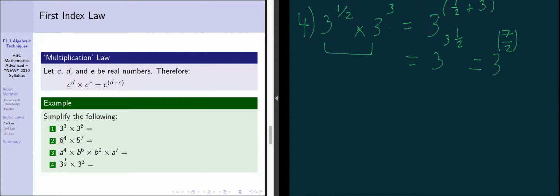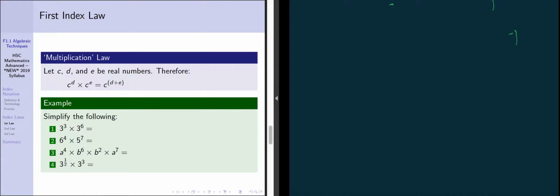So don't worry too much about this for now. I just wanted to make sure that even though you don't have integers as your indexes, you can still apply this law. So that was the first index law. It's quite a simple law, but everything basically flows out of it.